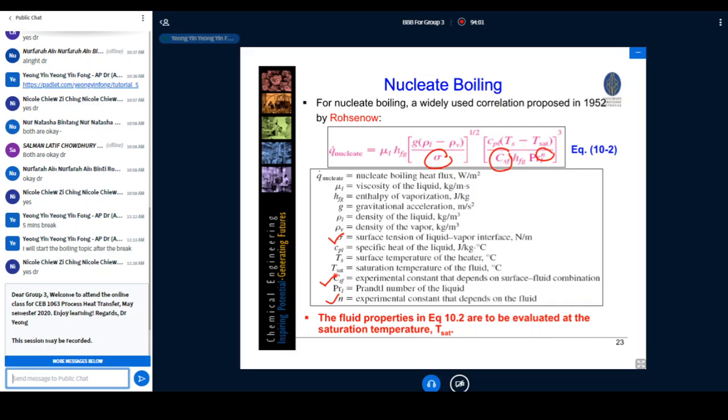All the properties are to be evaluated at T saturation, students. So you have to know the T saturation of the liquid, then you get all these parameters. Right now we move on to how to get these three.